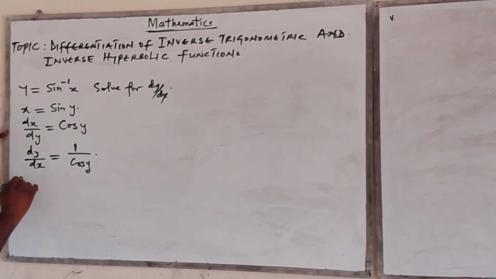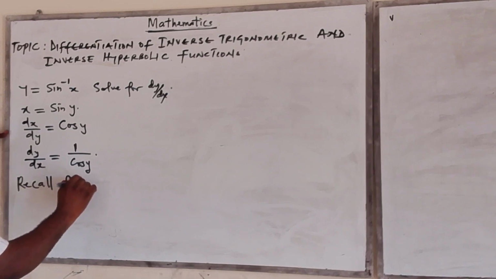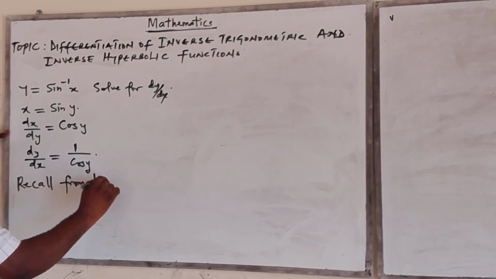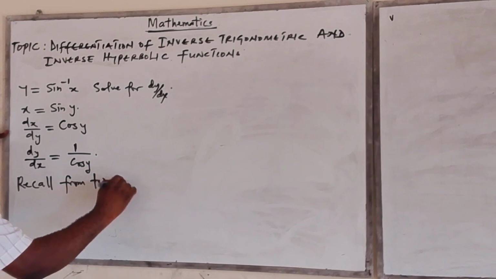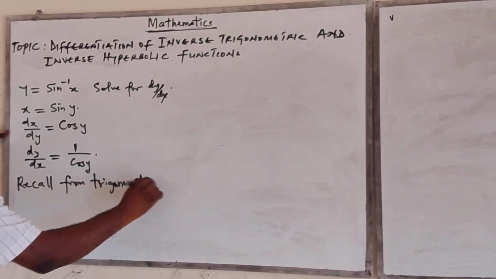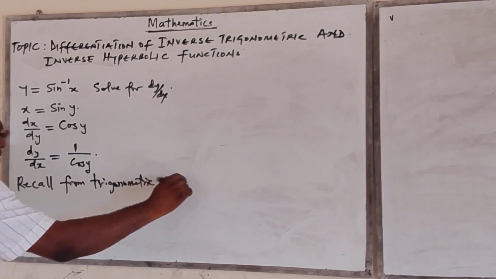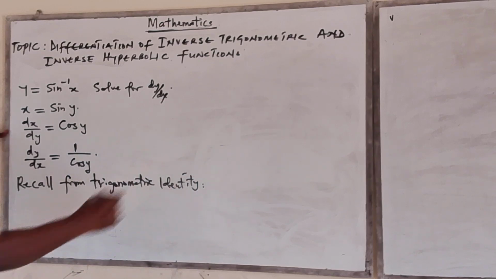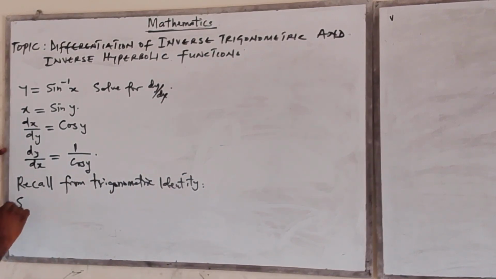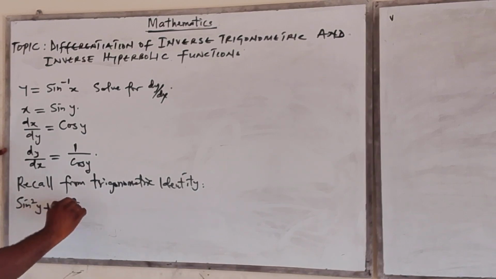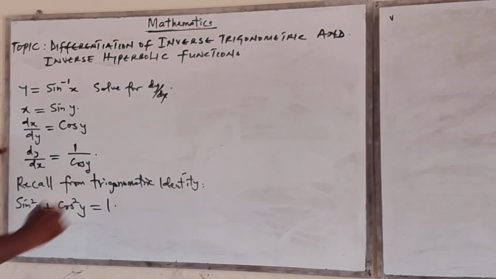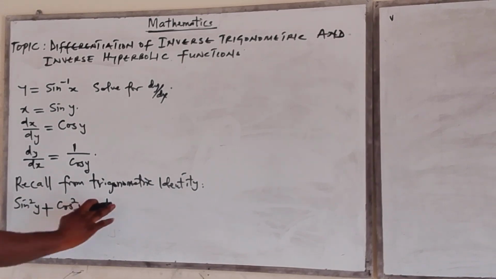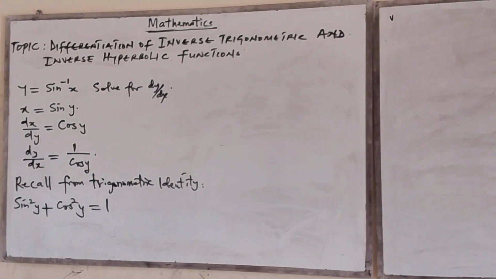Now recall from trigonometric identity that sine squared y plus cos squared y is equal to 1.